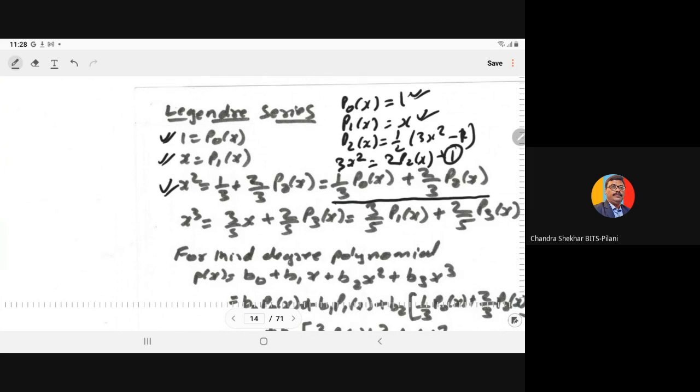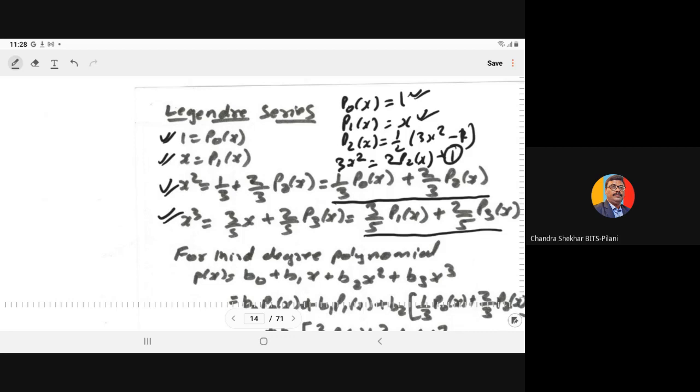Similarly, x cube can be written as 3 by 5 P1(x) plus 2 by 5 P3(x). Clear? So whatever order of x you require, you can write in terms of the polynomial. Here one thing you can note: if you are writing 1, we have Legendre polynomial of order 0.